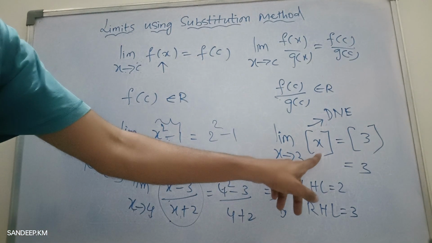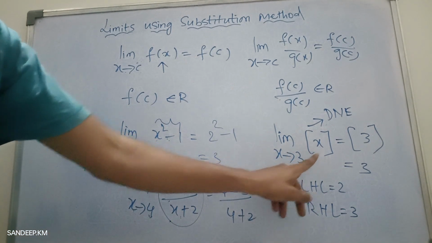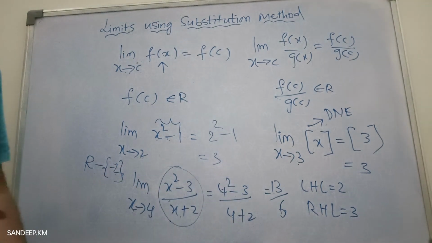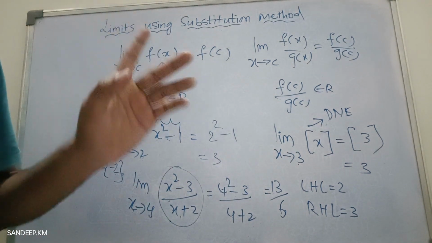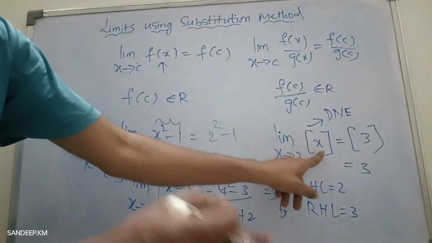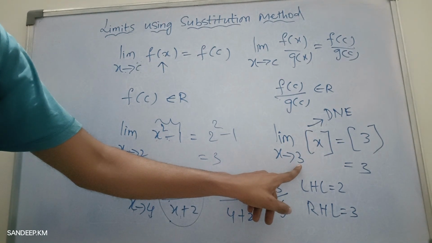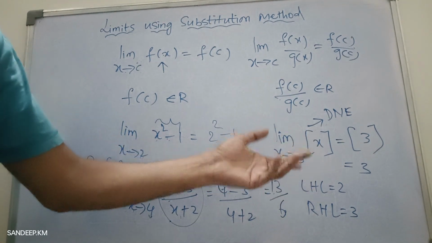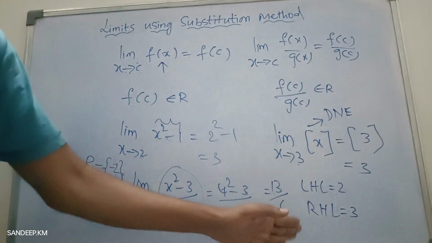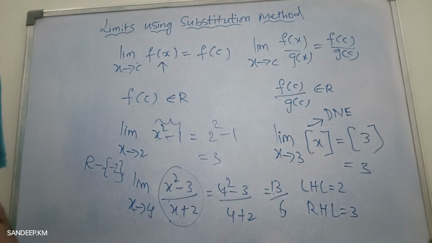Here the substitution method cannot be used because step x is not continuous at x equal to 3. If you remember the graph, step functions are not continuous at x equal to any integer. So at x equal to 3, the step function is not continuous. You must go for LHL and RHL. You cannot use the substitution method directly.